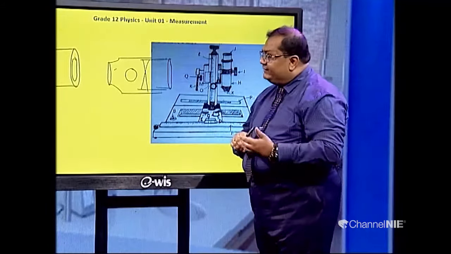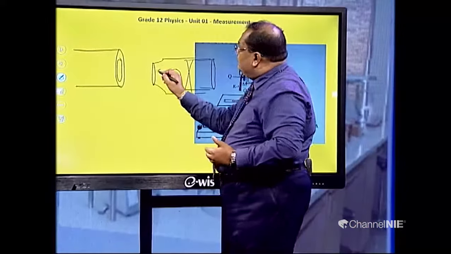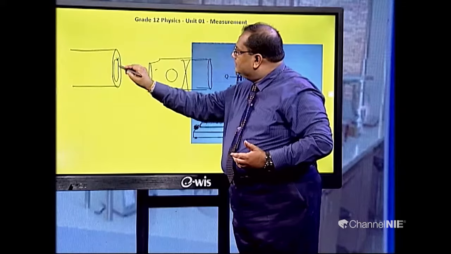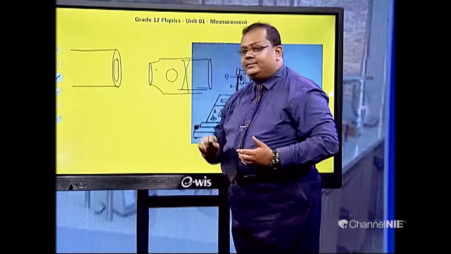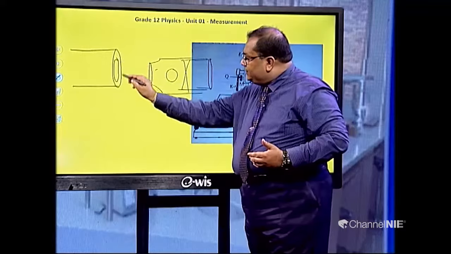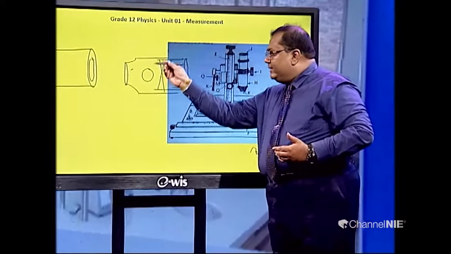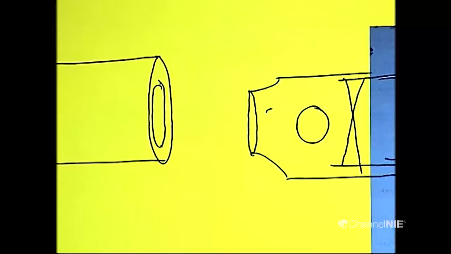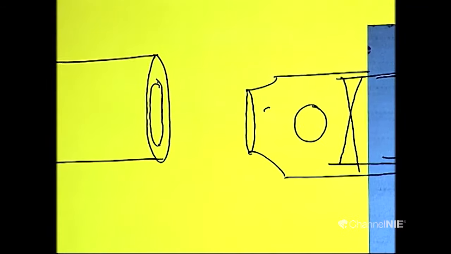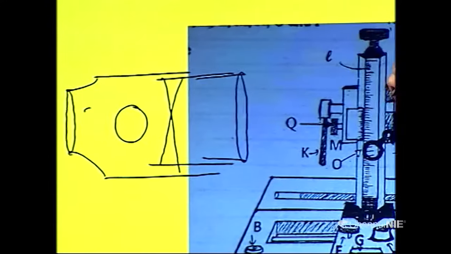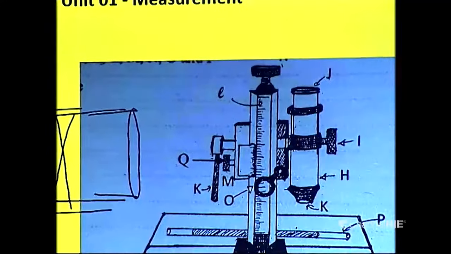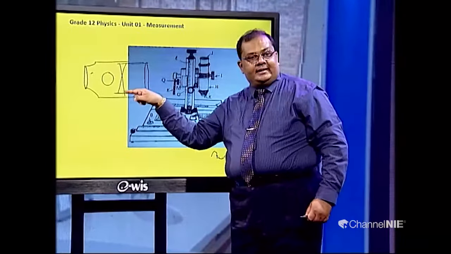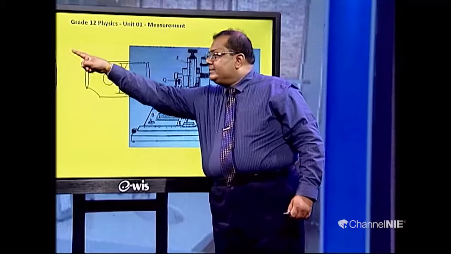Then to measure the vertical diameter, we have to move this travelling microscope from here to here. To move it in the vertical direction, we have to use this fine adjusting screw of the vertical vernier. Then rotate that until the cross wires exactly come to the upper edge.